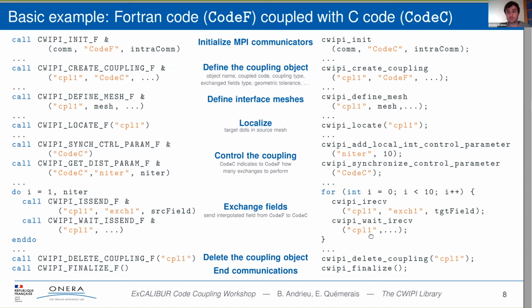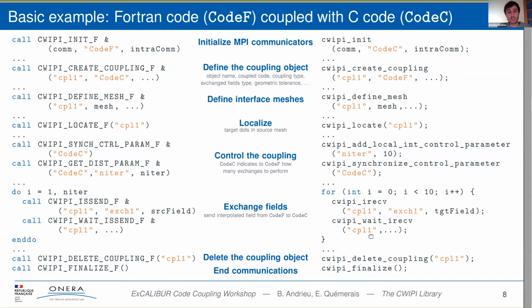This is quite a dummy example, but in order for the Fortran code to have a coherent value for this parameter, both codes need to synchronize the value of this control parameter. Then this control parameter is used to loop over some exchanges.